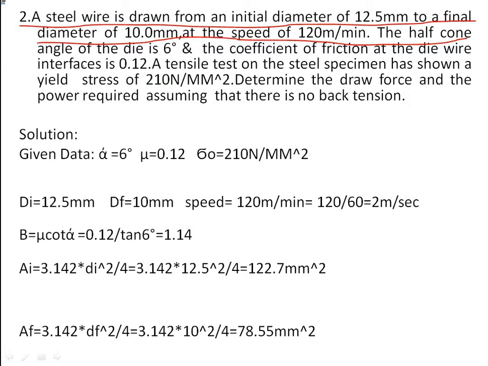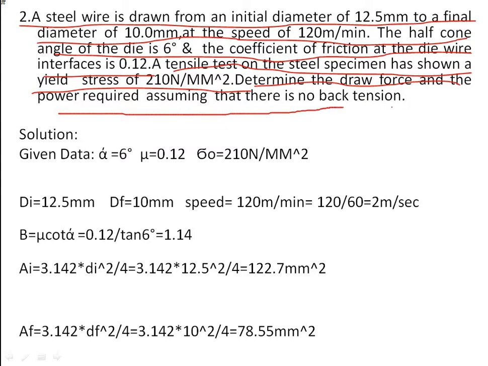The half cone angle of the die is 6 degree and the coefficient of friction at the die wire interface is 0.12. A tensile test on the steel specimen has shown a yield stress of 210 Newton per mm square. Determine the draw force and the power required, assuming that there is no back tension.